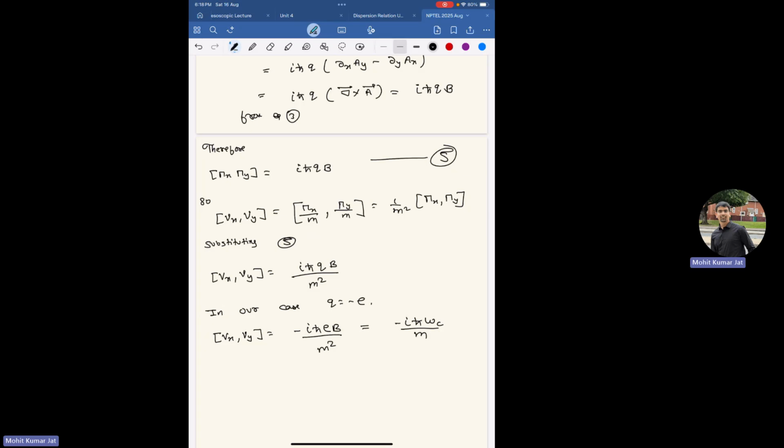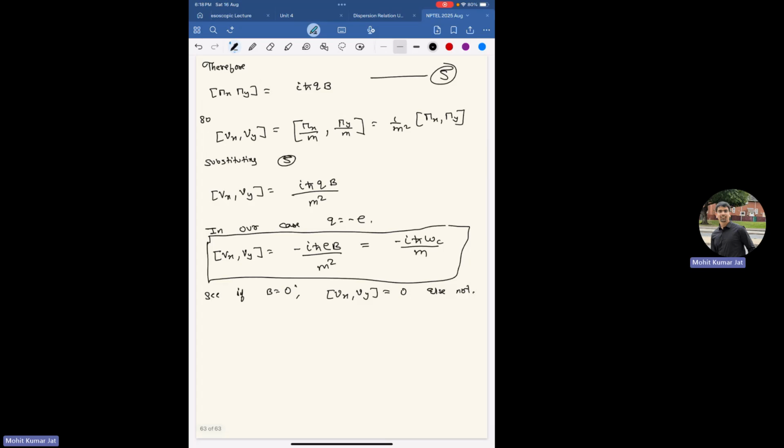This is essentially what the commutation relation of the velocities vx and vy will be. They are non-zero in the presence of a magnetic field. See, if B is equal to 0, vx and vy commute, else not. It means in the presence of the magnetic field, the commutation between vx and vy breaks and it gives a non-zero value.